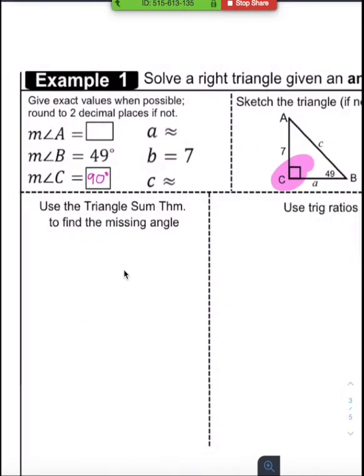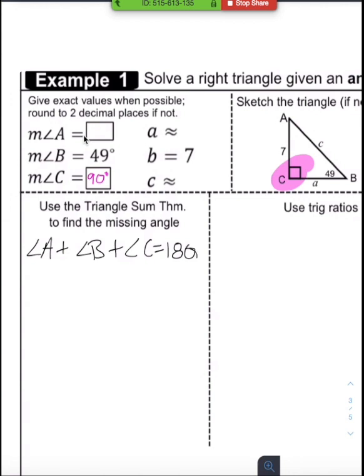That was easy. However, finding angle A is a little more complicated. How do you do this? By the triangle sum theorem, we know that angle A plus angle B plus angle C has to add up to 180 degrees.